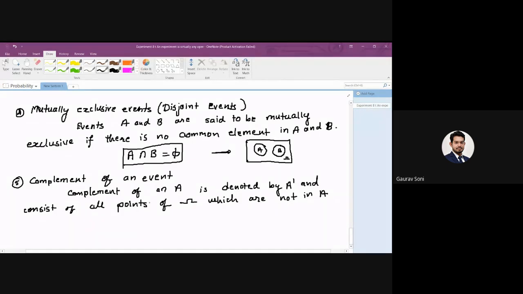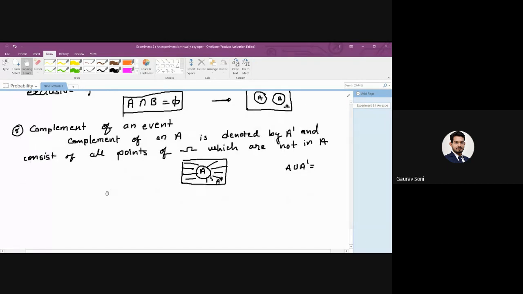So if we have A here, then this remaining part is nothing but A dash, the complement of the event A. Also, what we can see here, A union A dash is equal to what? Sigma. Yeah.